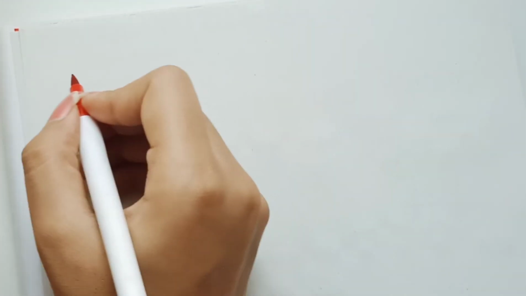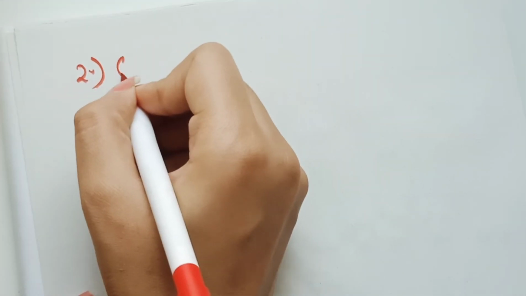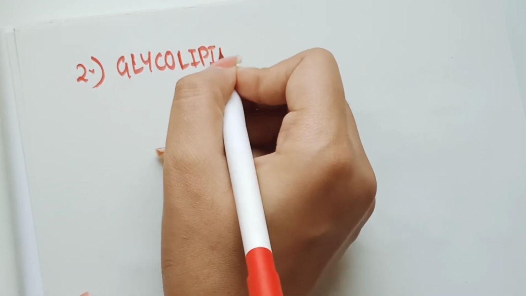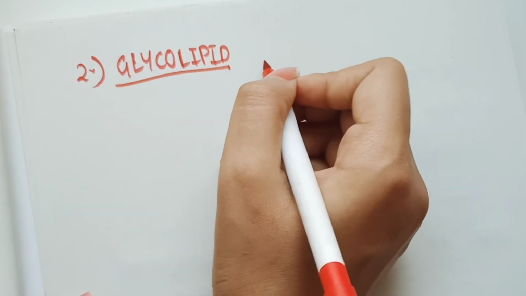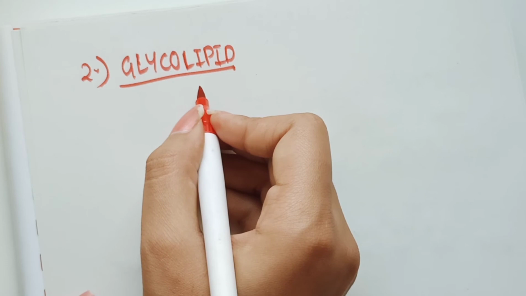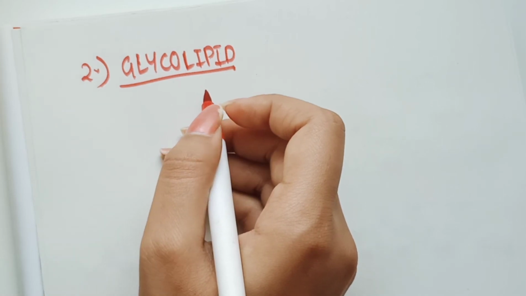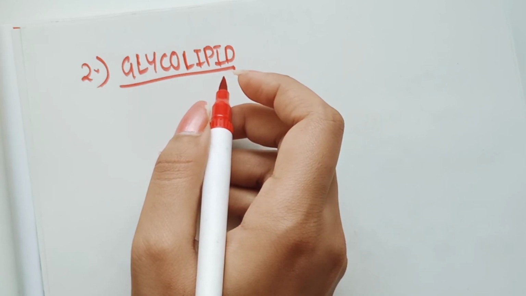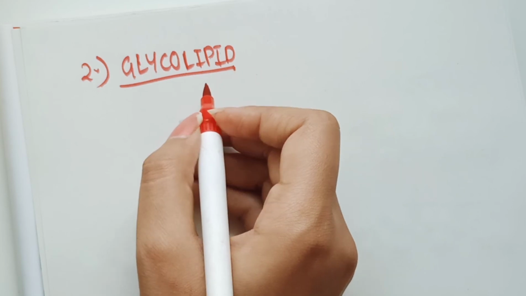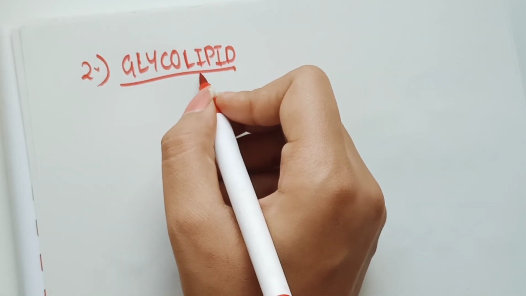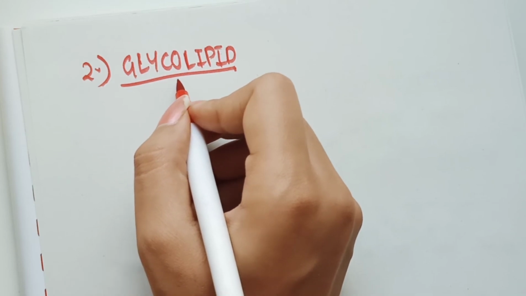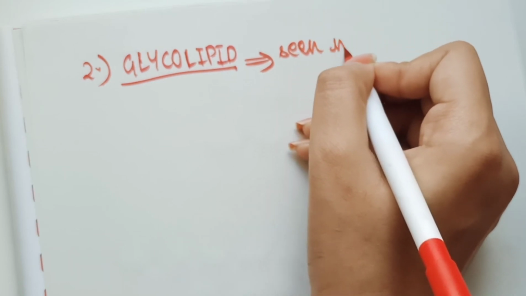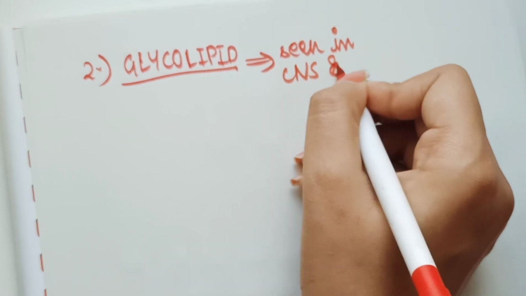So we discussed phospholipid. Now the second one is glycolipid. Phospholipid is made up of five different components, as I told you: phosphatidylcholine, phosphatidylserine, inositol, cardiolipin, and sphingomyelin. Likewise, glycolipid is also made up of some components, and glycolipid is most abundantly seen in the CNS and GIT.